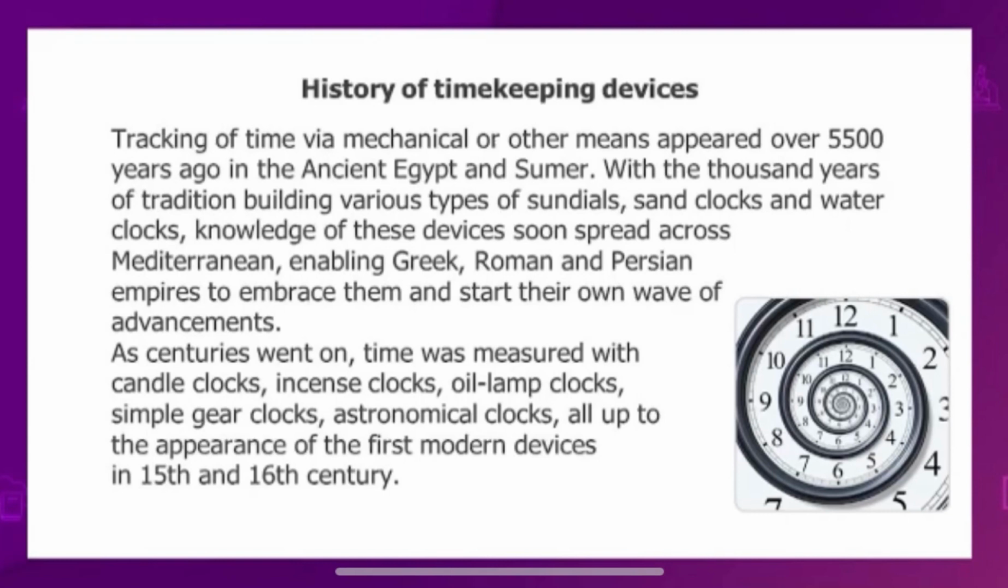As centuries went on, time was measured with candle clocks, incense clocks, oil lamp clocks, simple gear clocks, astronomical clocks, all up to the appearance of the first modern devices in the 15th and 16th century.